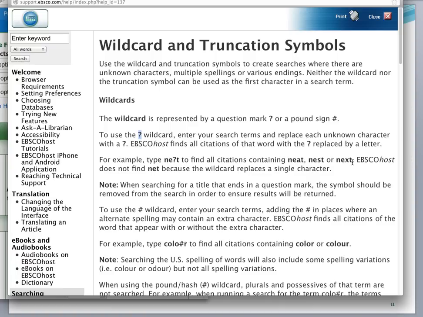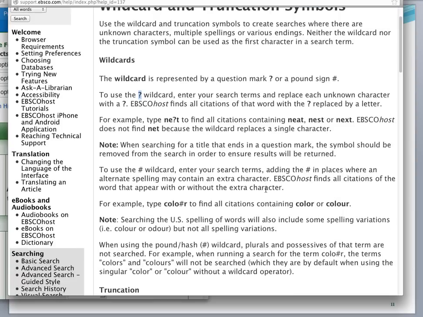For example, if we are looking for an author's last name, but we don't know the right spelling, we can use a wildcard. When searching for a title that ends in a question mark, the symbol should be removed from the search in order to ensure results will be returned. So you see, if you're searching the title field, you don't use the question mark.